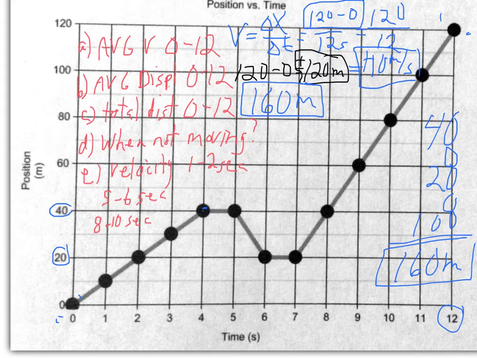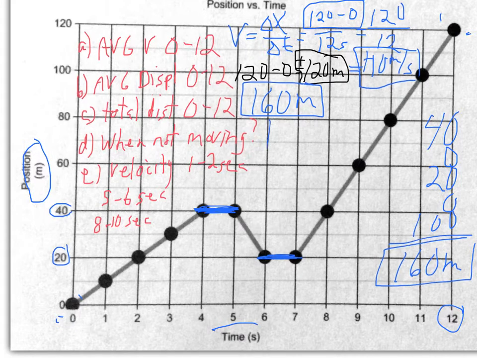When is the object not moving? Well, this is a position time graph, right? So in a position time graph, with position on the y-axis, if the position isn't moving, then the line's going to be horizontal. So right here it's horizontal, and right here it's horizontal. So when was it horizontal?